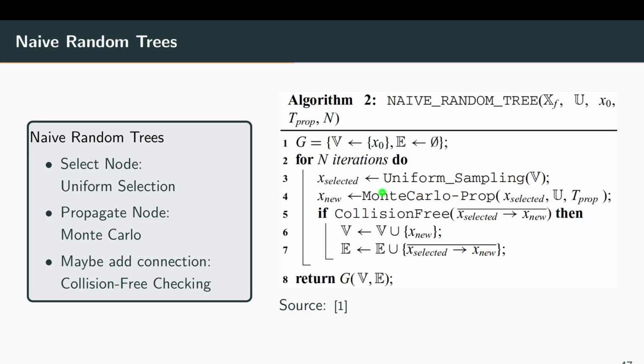And then the pseudocode is quite simple based on these things also. So we first do this uniform sampling. Then we do this basic Monte Carlo propagation based on the node we have found. We just go in some random direction because we don't have this sort of Voronoi bias here. And if we are collision free, then we just add it to our tree.